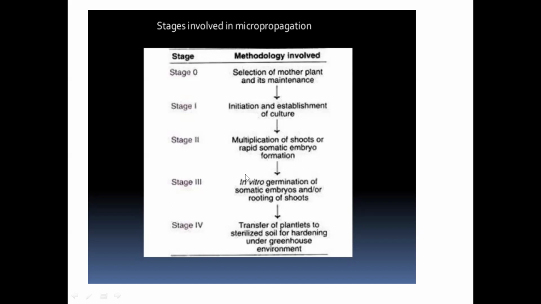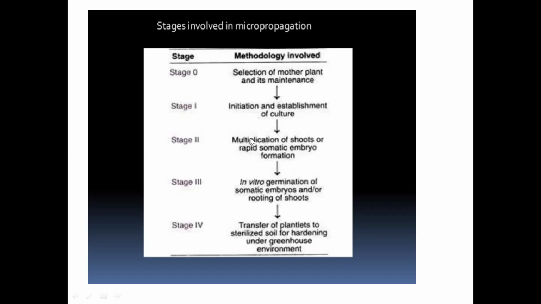Initiation and establishment of culture and multiplication of shoots are the normal phenomena. You can go in for shooting, rooting, and normal development of a plantlet from callus or explant, or you can go in for embryo development, producing somatic embryos, which is called embryogenesis. You can go in for organogenesis or embryogenesis in between.